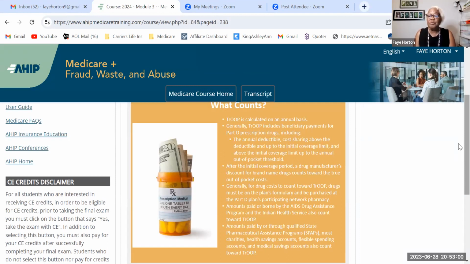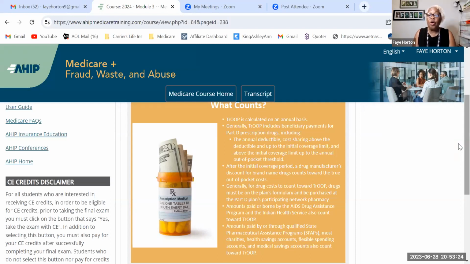After the initial coverage period, a drug manufacturer's discount for brand name drugs counts towards the true out-of-pocket costs. Generally, for drug costs to count towards TrOOP, drugs must be on the plan's formulary and be purchased at the Part D plan's participating network pharmacy.